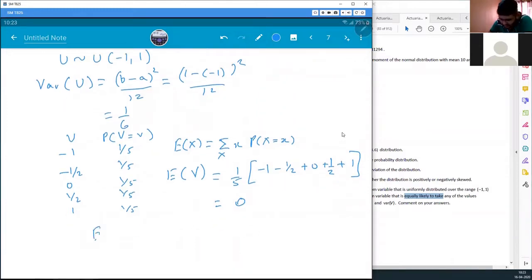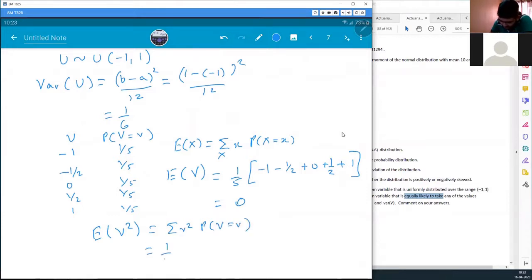But then we have to find the expected value of v square. Expected value of v square will be the summation of v square into probability v is equal to v.